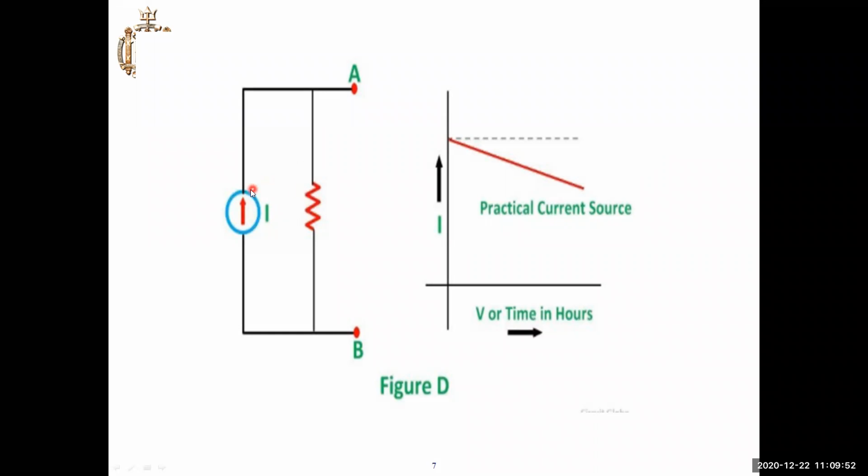If the load resistance is less compared to the internal resistance of the current source, then only the current passes from source to load. Is it clear? If the load resistance is very high compared to this, then no current passes from source to load.